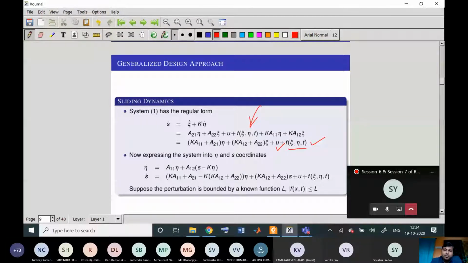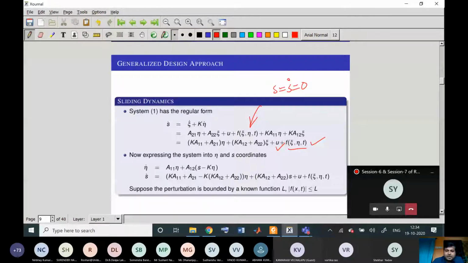Now once this S dot has appeared, our objective is to stabilize S, meaning S and S dot equal to 0, and also we have to stabilize the reduced order dynamics. That's why we have written the system in the coordinates of eta dot and S dot.